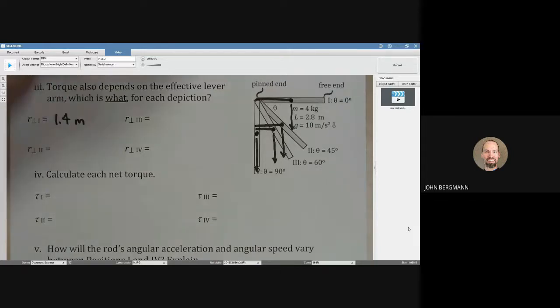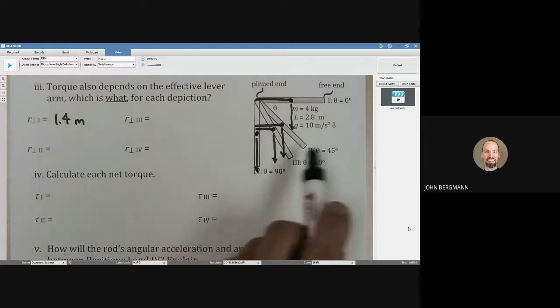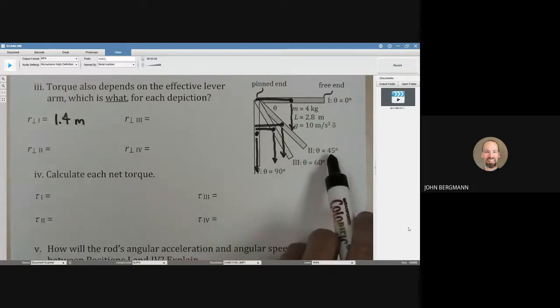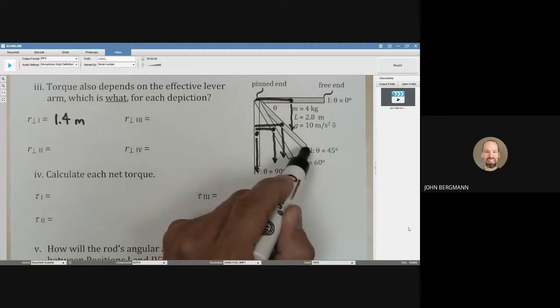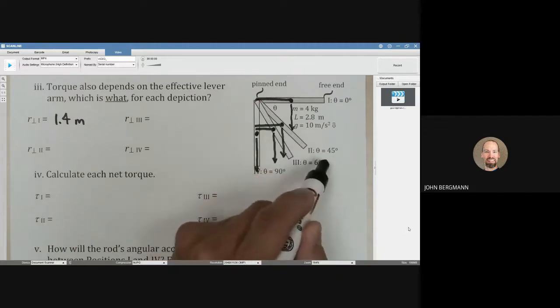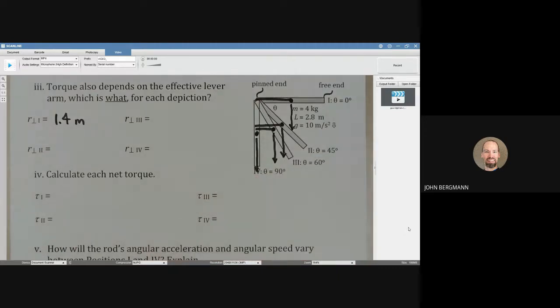For position 2, let's see. Position 2, we have a 45, 45, 90 right triangle. And that means that if this length is 2.8, didn't we discuss that a 45, 45, 90 right triangle is basically a 5, 5, 7 right triangle?